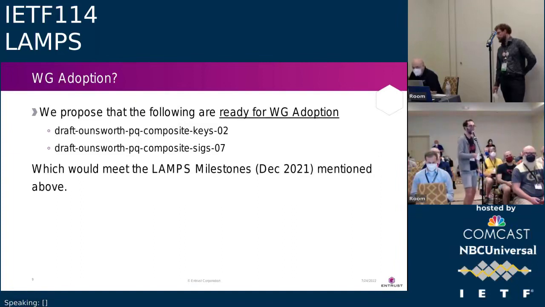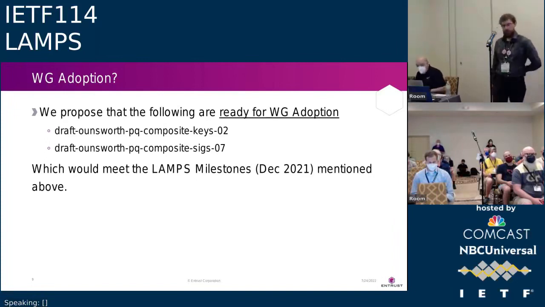Okay, so let's be clear. Does anyone object to a call for composite SIGs with the current and structure? Yeah, so at least one person is against. So we're going to discuss that on the list as well.